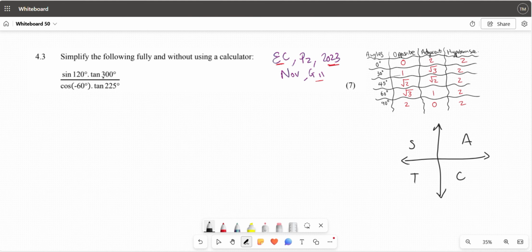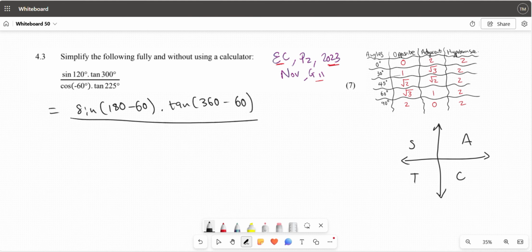Right? And so let's start reducing. I'm going to reduce the sine 120 into sine of 180 minus 60, and 60 is a special angle, that's why I'm using 60 in particular, times that one. I'm going to reduce it with 360, so it's going to be 360 minus 60.